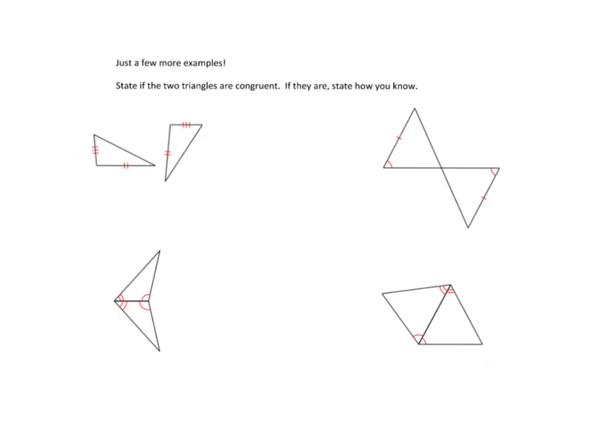All right, just a few more. State if the two triangles are congruent, and if they are, state how you know. I am going to do 2 of these with you and then let you do the other 2. All right, so let's look at this first picture here.